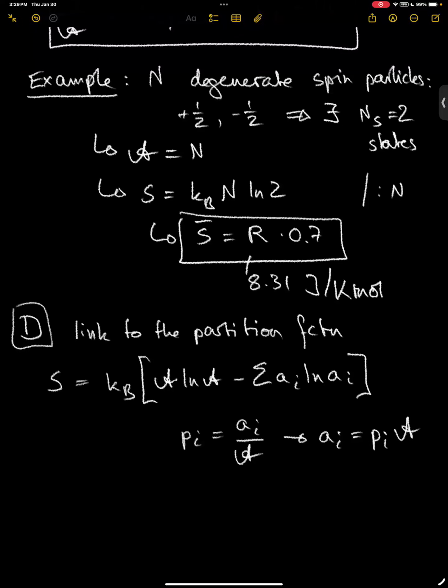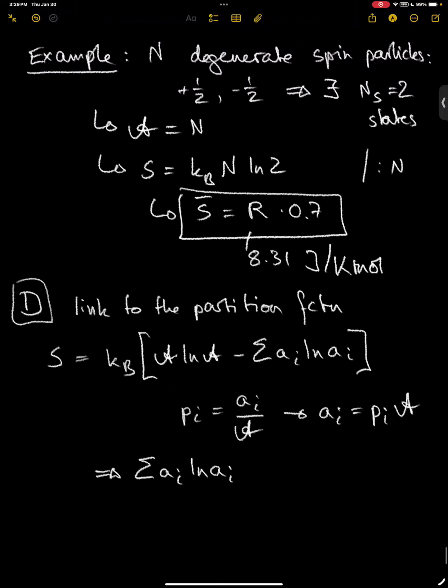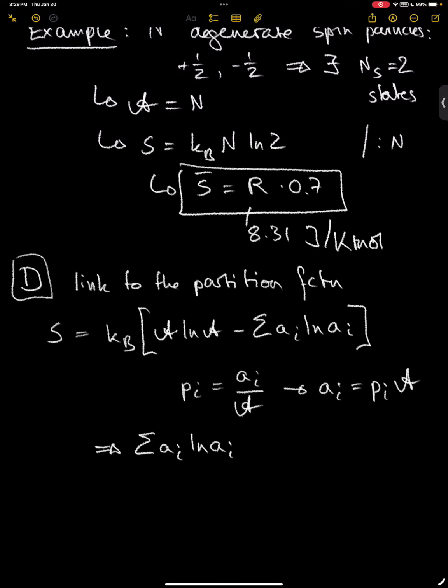So if we make use of this for this part of the expression, it simply becomes the sum over A p_i logarithm A p_i.